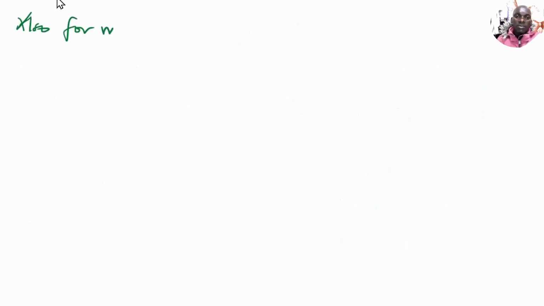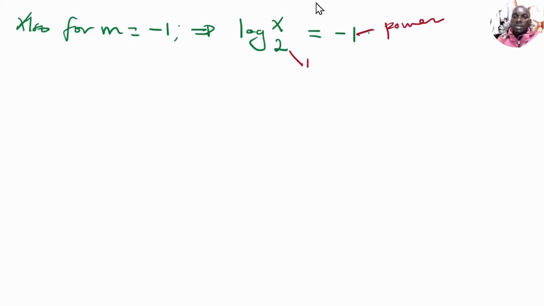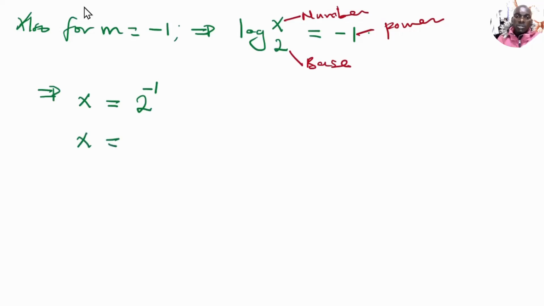Also, for m equals -1, it implies that log of x base 2 equals -1. The same way, this is the power, this is the base, and this is the number. So x is equal to 2, the base, raised to power -1, the power. 2 raised to power -1 is the same as 1 divided by 2.